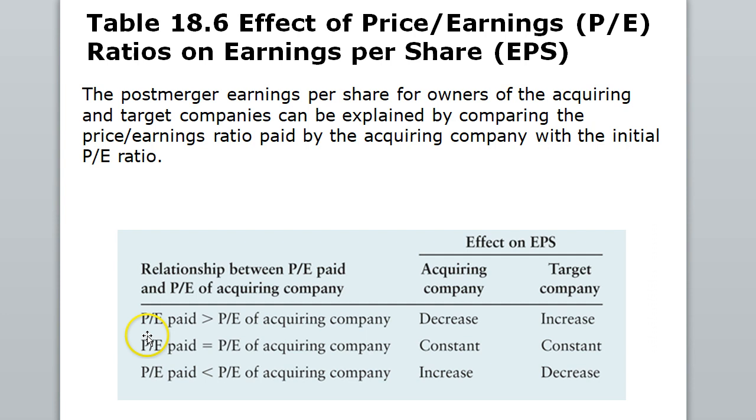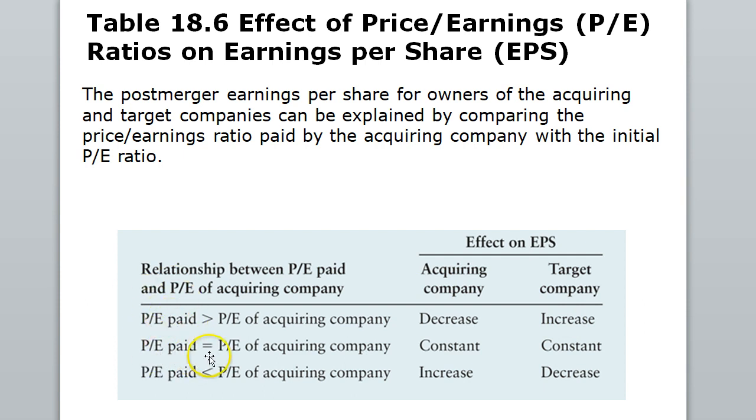This is a relationship between the PE ratio paid and the PE ratio of the acquiring company. If the PE ratio paid is greater than the PE ratio of the acquiring company, the acquiring company's earnings per share will decrease while the target company's earnings per share will increase. Why? Because we're paying above PE level for the target company.